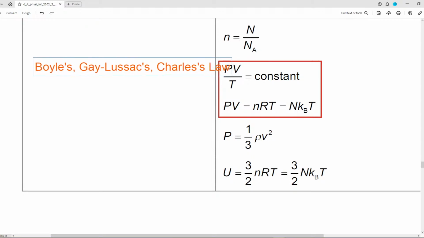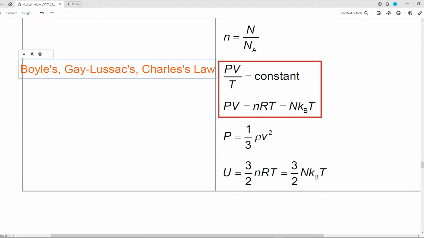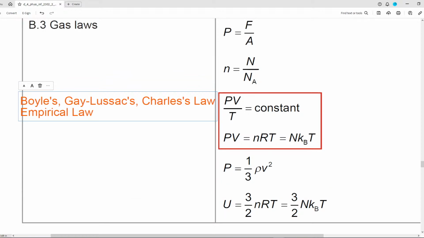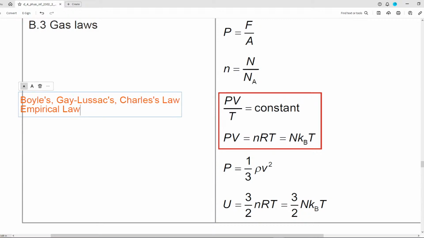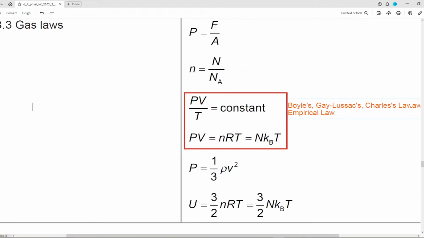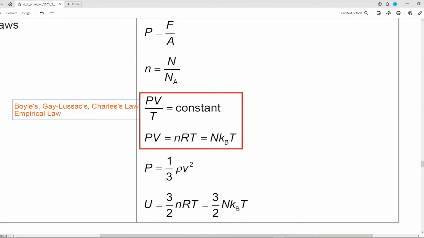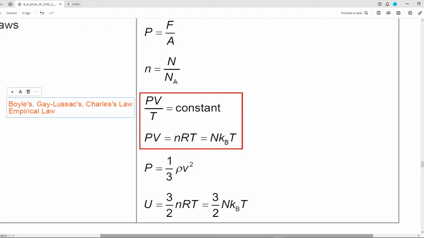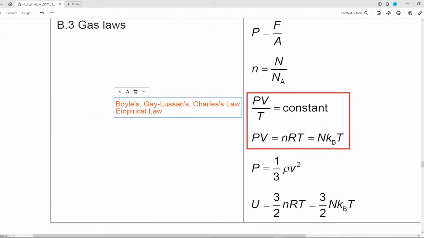All three are experimentally verified, so these are called empirical laws. The empirical laws only conclude that PV over T is a constant. That's all they tell us. Then Avogadro comes along and says, well, I think volume is proportional to the number of particles it has, the moles.